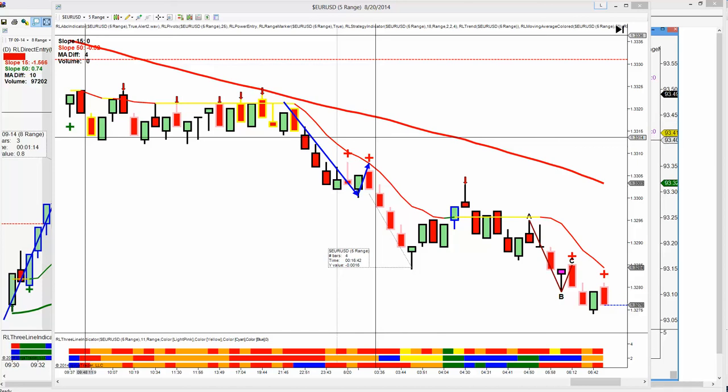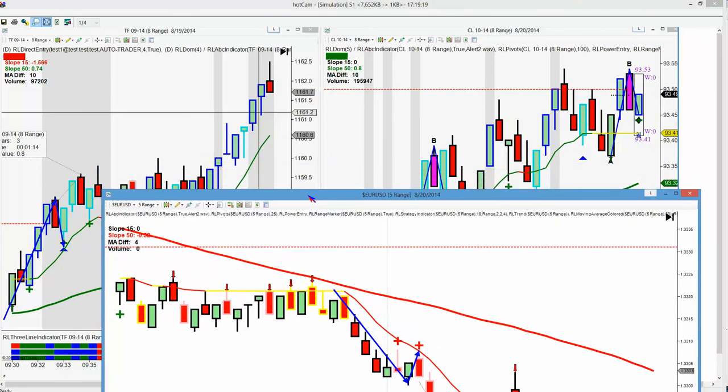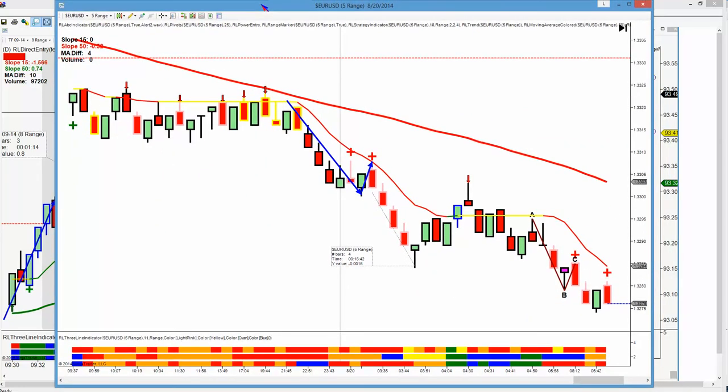See, we need the market to move 1 tick to engage the direct entry system. And we have to move 2 ticks. Let's see if any market is going to move 2 ticks for us right now. Everything is frozen. Unfortunately, it's not going to move.